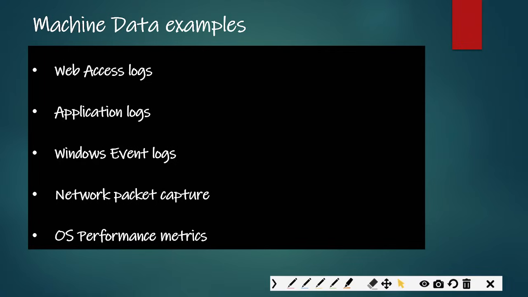Application logs might pertain to certain applications in general. Your endpoint related logs pertaining to Windows 10 or Windows 11. If you have captured a TCP dump, that is a network packet capture as well. OS performance metrics might refer to your throughput, your compute, your storage for that matter.